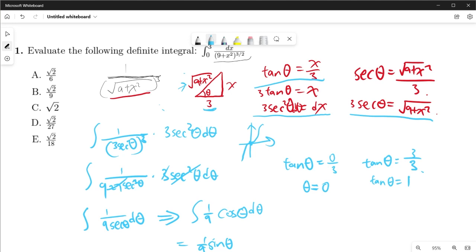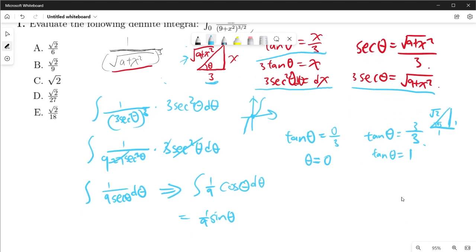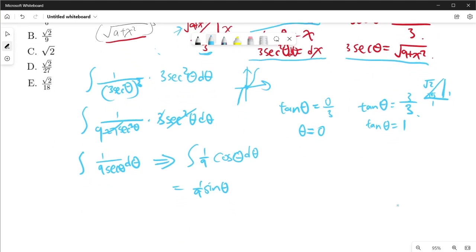That should be pretty obvious from the 45-45 triangle. It's 1, 1, root 2, and that would be just 1 over 1. So the limits of integration would be theta equal to 0 and theta equal to 45 degrees, which is pi over 4.